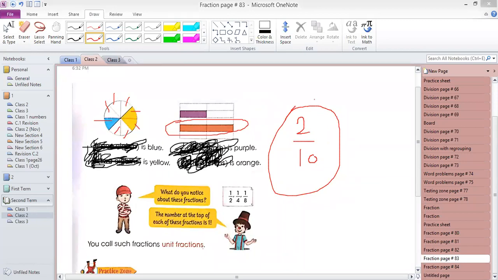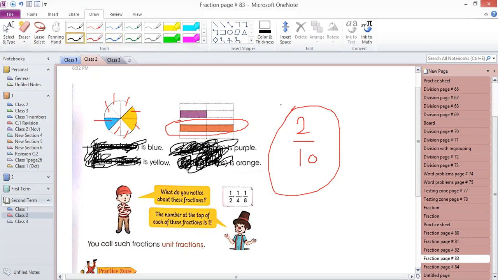Okay, Muhammad Saleh, can you read this fraction for orange? How will you read it? From the figure, what portion is orange? How will you read it?